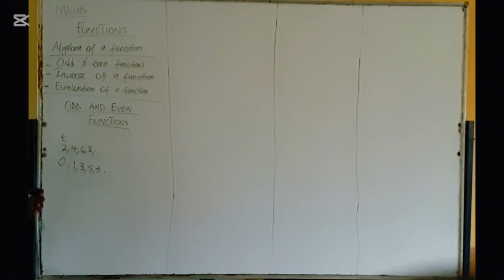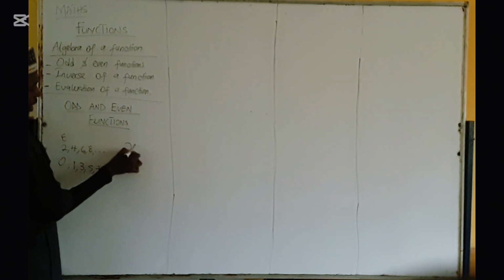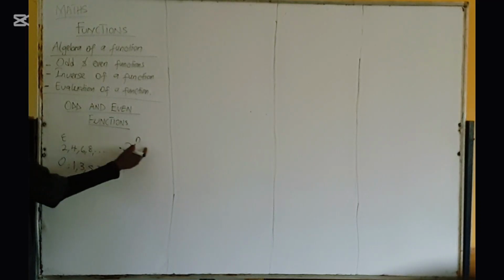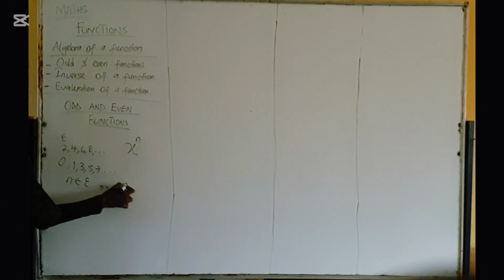Now, what do even numbers do whenever we have them as a power? We have to remember this. Power is something like this: x raised to the power of n. So when n is even, or when n is odd, what happens?